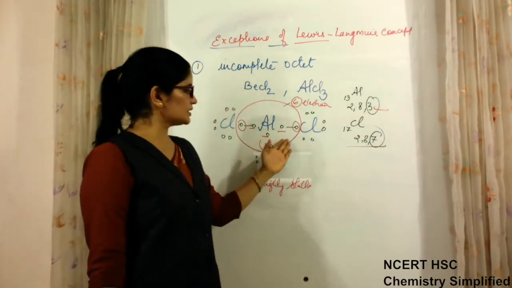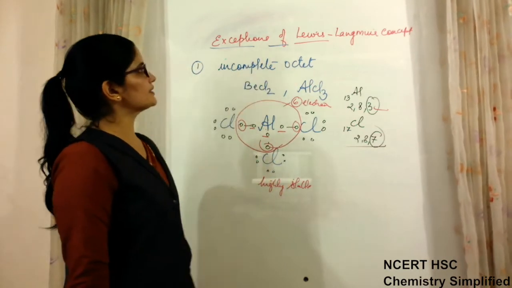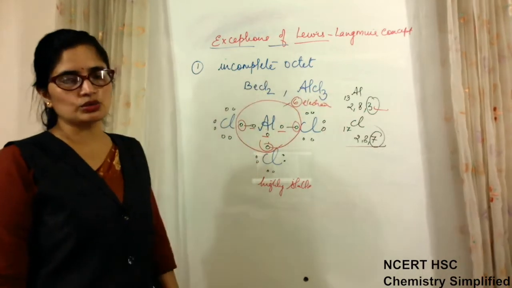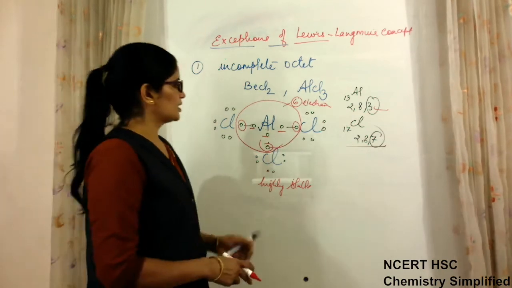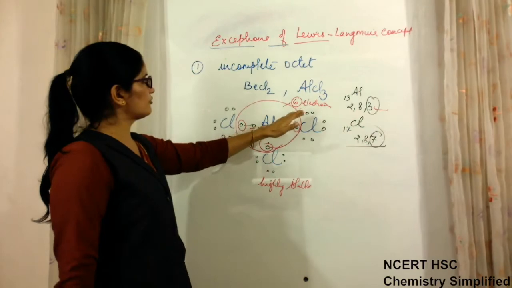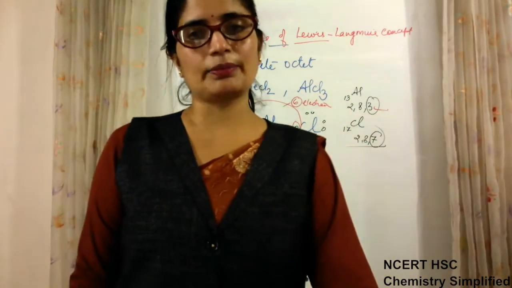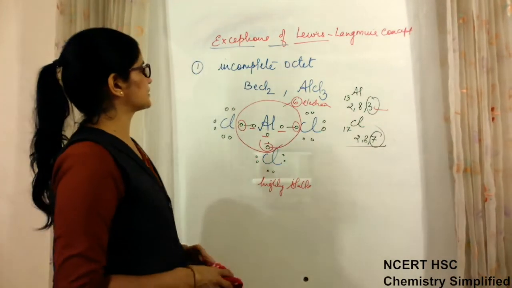This was the structure explained as an exception of the Lewis-Langmuir concept for AlCl3, similarly for BeCl2 and similarly for LiCl2 also. These types of molecules have an incomplete octet, still they are stable. So this could not be explained with the help of the Lewis concept.